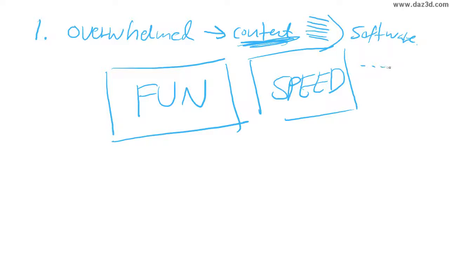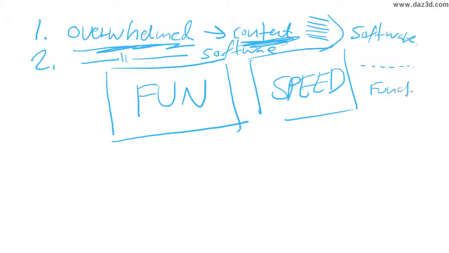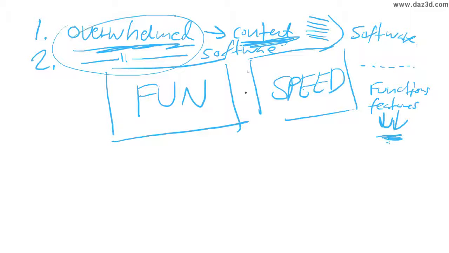Without a clear step-by-step plan, you're going to end up with a lot of confusion and you're going to end up overwhelmed with all the content. Number two, most new artists get overwhelmed again by the software, and specifically all the cool functions, features, and they get stuck with the technical stuff and feel overwhelmed again.